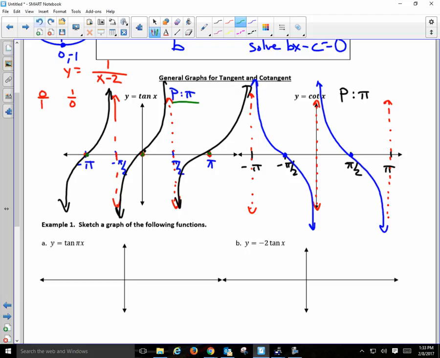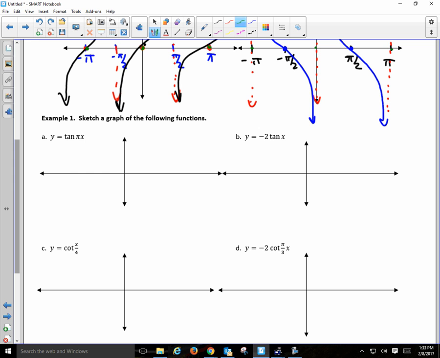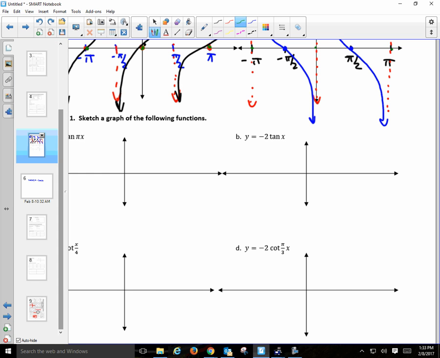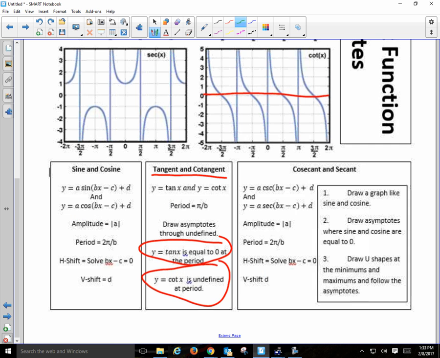Every pi value, it's equal to 0. Whereas cotangent is undefined at the period. See the difference? And if you can remember that, you won't have any problem graphing these. If you flip to your very last page, you can see that in the notes for tangent and cotangent, I have that written there.